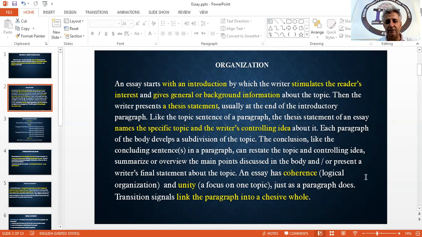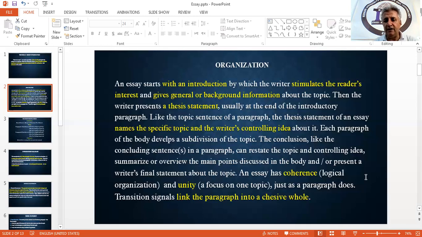Each paragraph of the body develops a subdivision of the topic, and the conclusion, like the concluding sentences in a paragraph, can restate the topic and controlling idea, summarize or overview the main points discussed in the body, and present a writer's final statement about the topic.